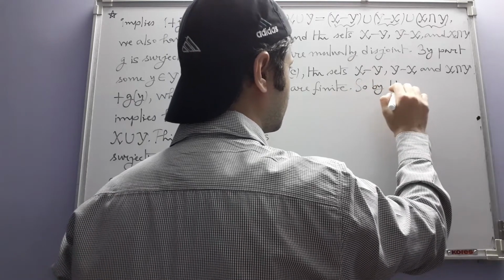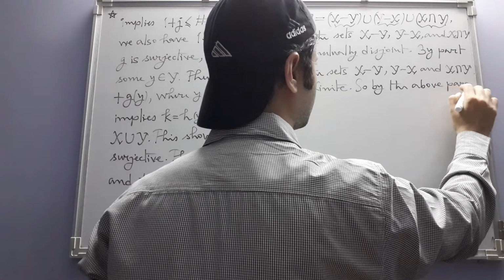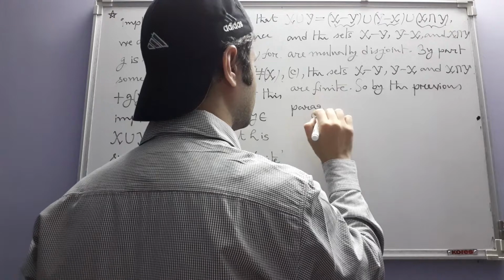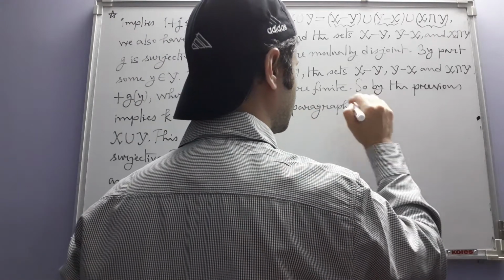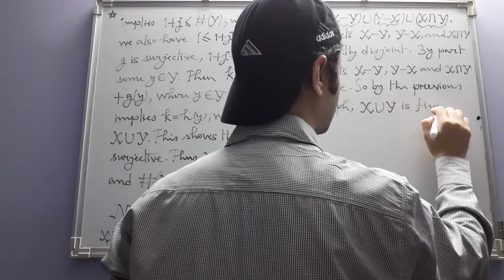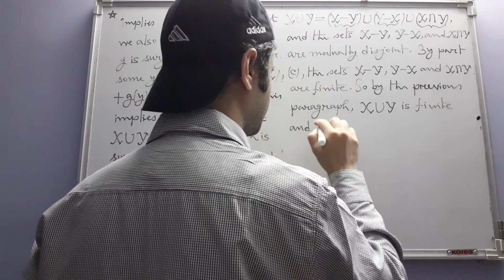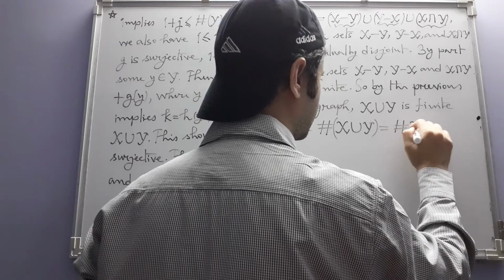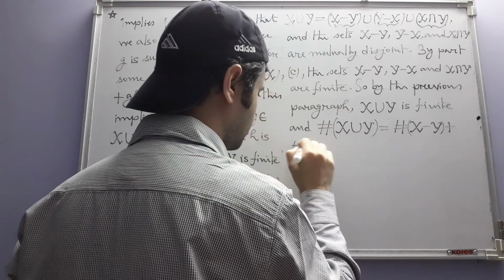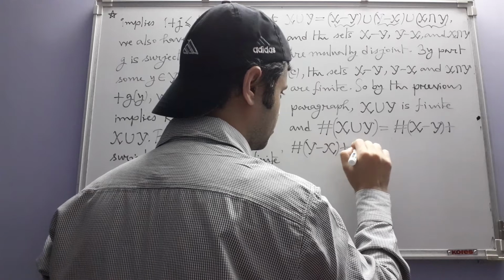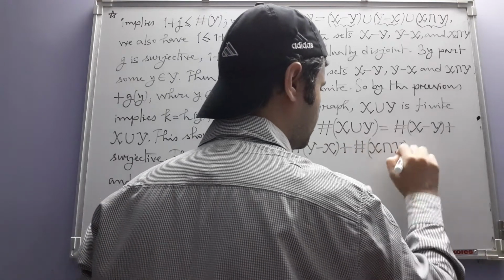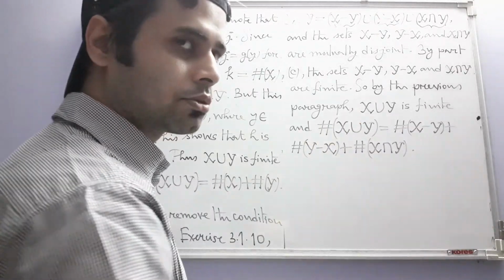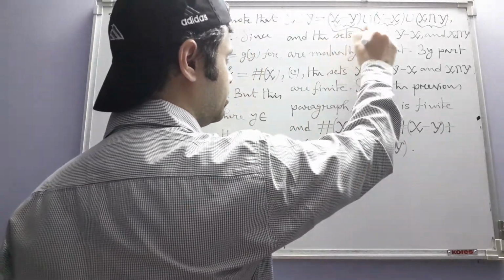So by the previous paragraph, x union y is finite and its cardinality equals the sum of the cardinalities of these sets plus... although we have written it at once, we will have to do it twice, in the sense that first you deal with this union.